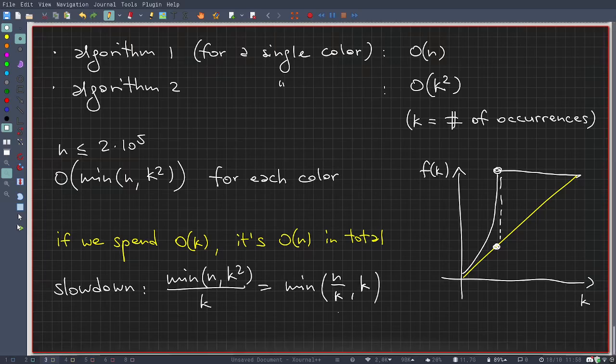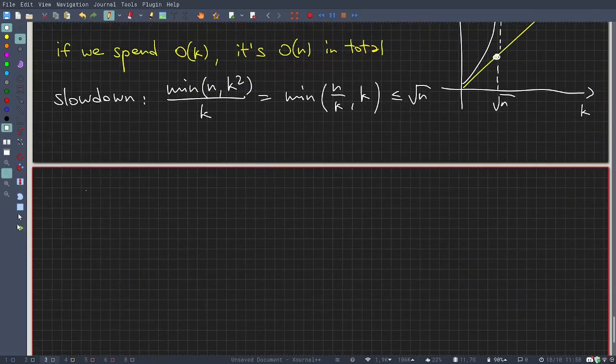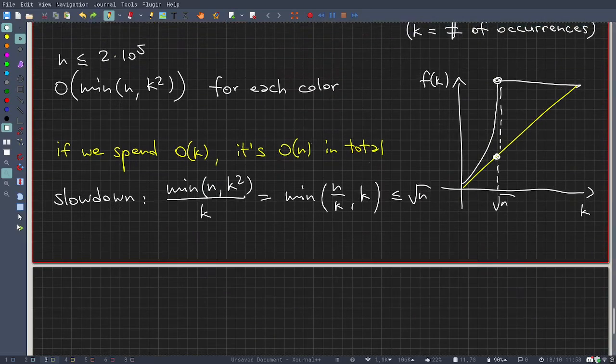And with some calculations, you can find out that the worst point is this one. So the slowdown factor is at most square root of n. So the complexity is actually O(n) times the slowdown, which is O(n square root of n) in total.